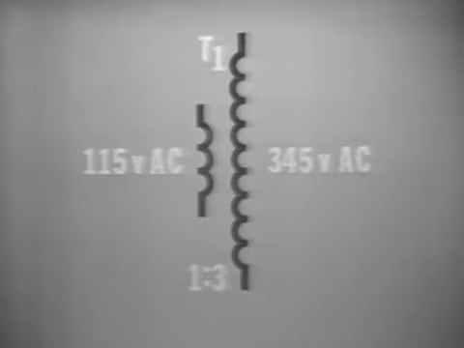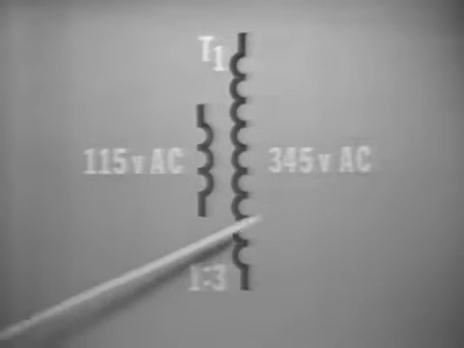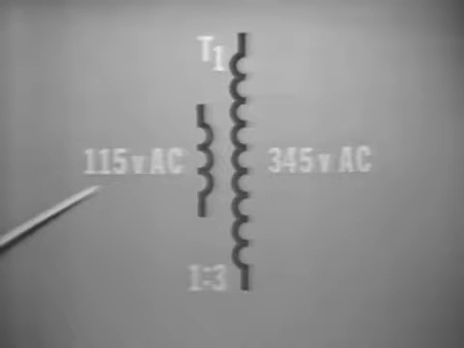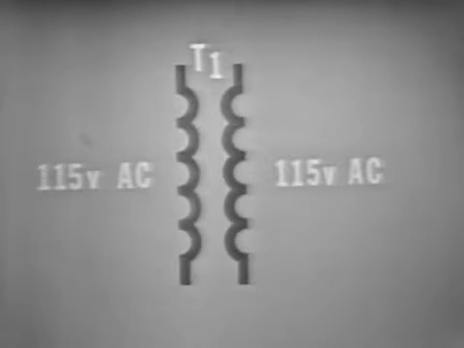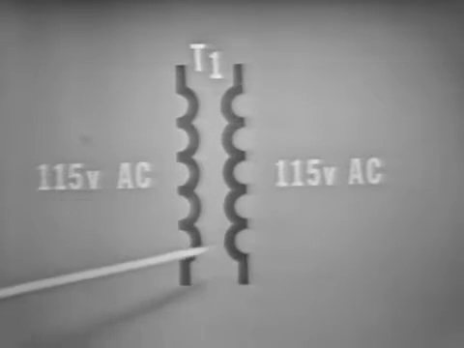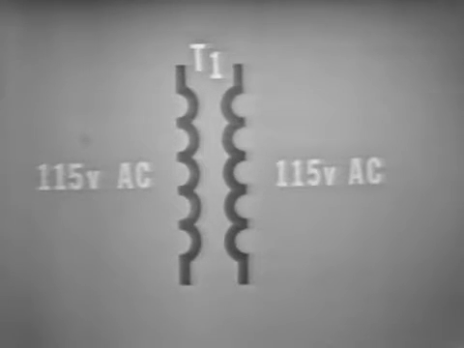A 1-to-3 ratio, shown schematically like this, simply means that the secondary voltage is 3 times the primary voltage. Now, if no ratio is indicated, then it's assumed to be a 1-to-1.